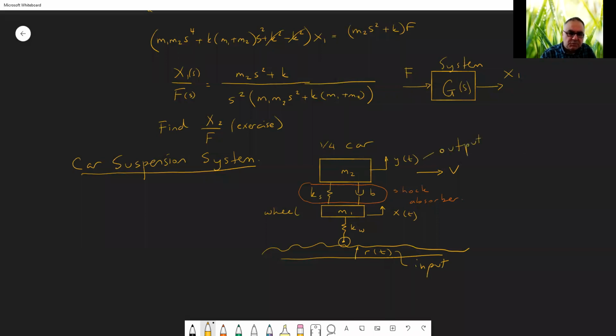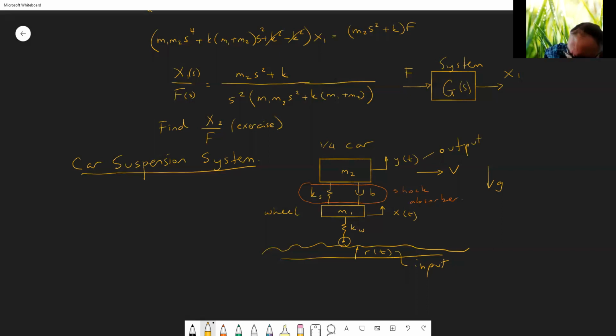The vibrations of the car is the output, and the bumpiness of the road is the input, as you can see. There is gravity here, but we are not going to take it into account.